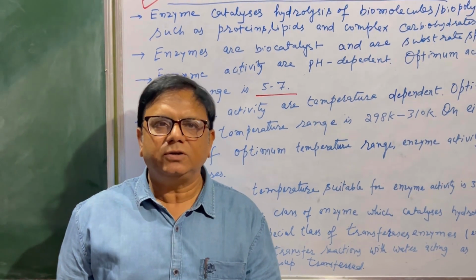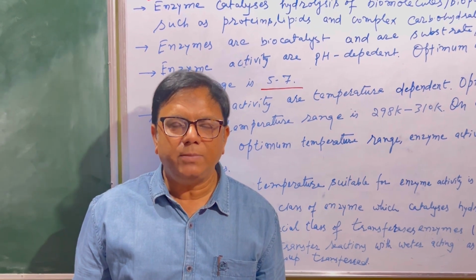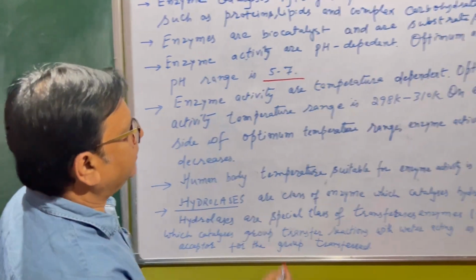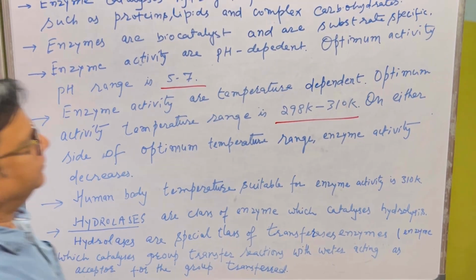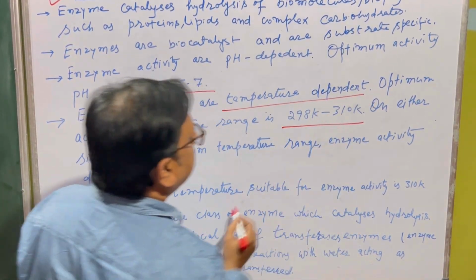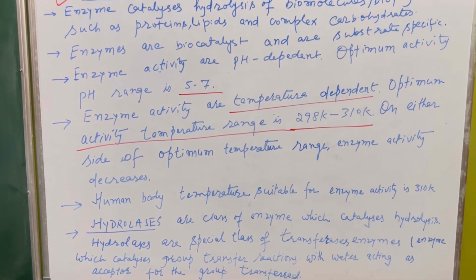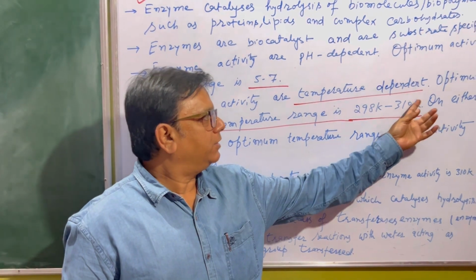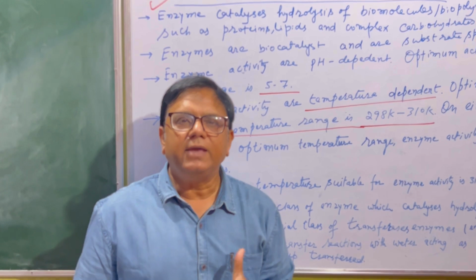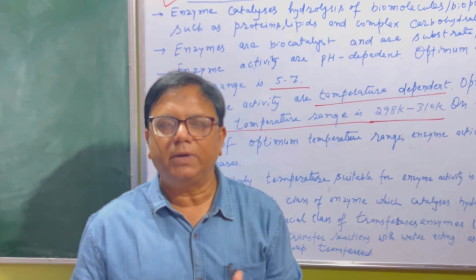Apart from pH, it is also temperature dependent, and the optimum enzyme activity is in the temperature range 298 Kelvin to 310 Kelvin. So enzyme activity is temperature dependent and the optimum temperature range is 298 to 310 K. On either side, if you increase it or if it is less than 298, the enzyme activity on the substrate becomes slow.